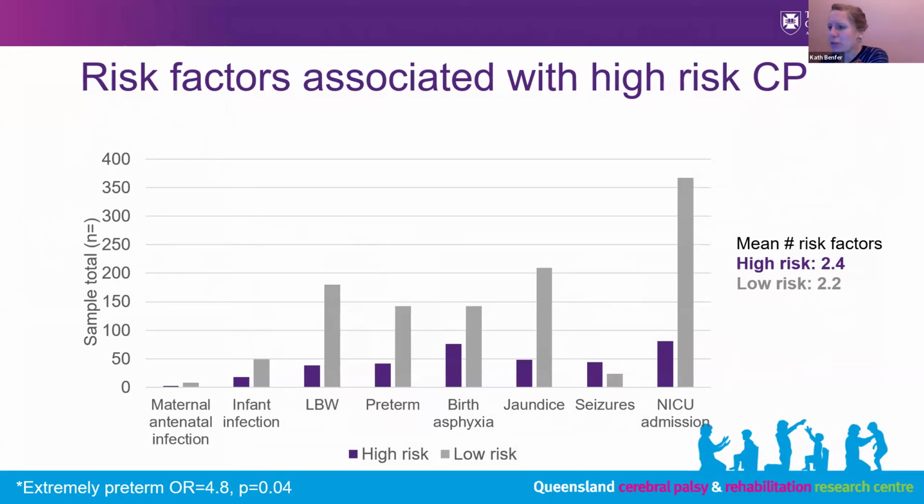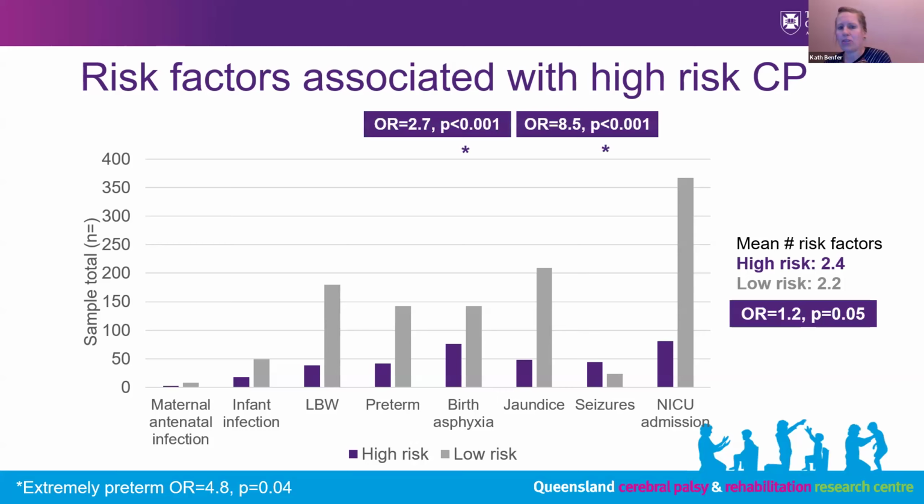And so infants with a greater total number of risk factors, babies born extremely preterm with HIE or birth asphyxia or seizures within 72 hours of birth, were the ones that had significantly higher odds of having a high risk of CP outcome. And infants who were low birth weight or a NICU admission had significantly reduced odds of being high risk relative to other risk factors.